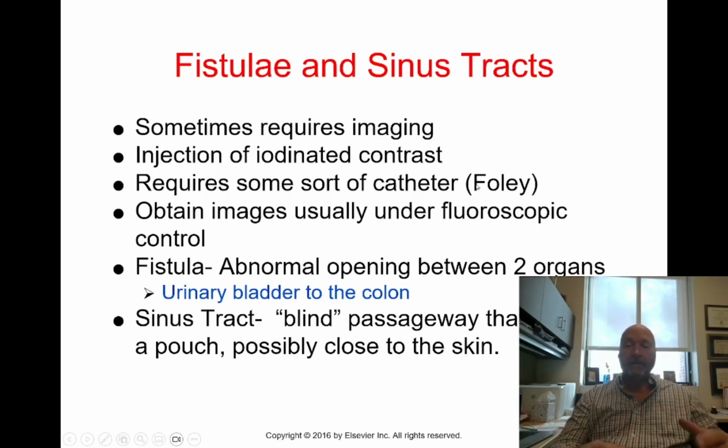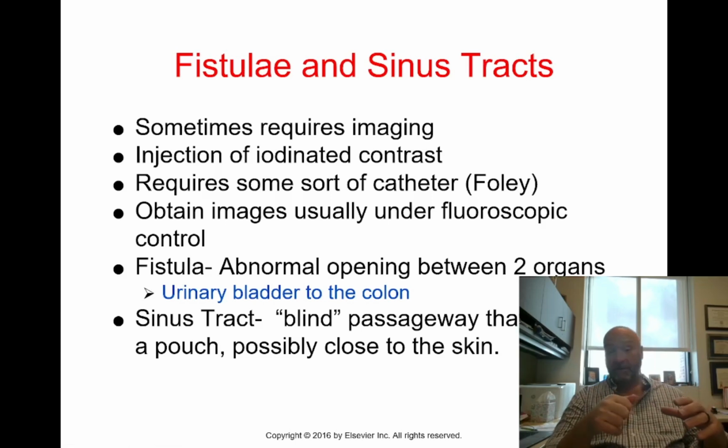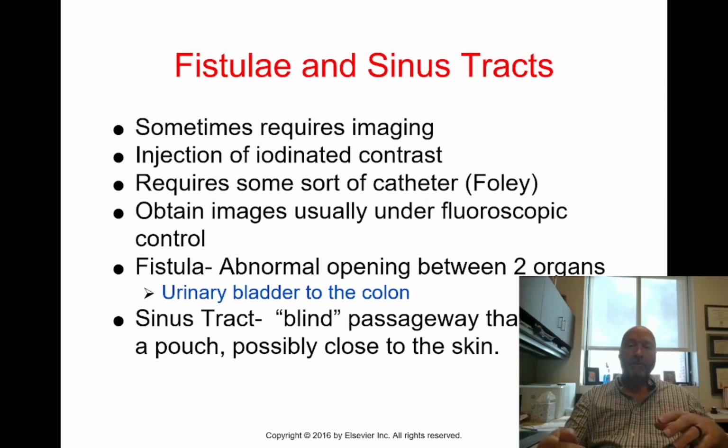It's got a balloon on it, but it's flexible, it's small, it can get into tight spaces, not cause the patient a whole lot of discomfort, and yet at the same time we can inflate the end of it so that the catheter stays in place, but the contrast doesn't go where we don't want it to go before we want it to go there. So I hope that all makes sense.